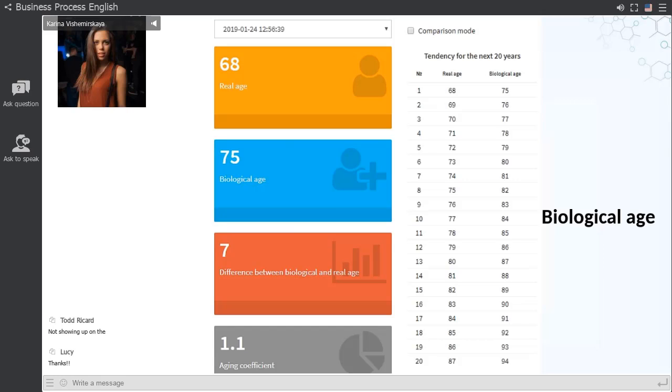The person had all the results very blue, not turquoise blue, very, very blue. And this person was very weak. That's why we can see how it affects our biological age, how our organs and systems, how our organism feels. We need to pay attention to this coefficient also. And we can see the tendency for 20 years, but this tendency is correct if our organism stays the same as it is at the moment of the measurement.